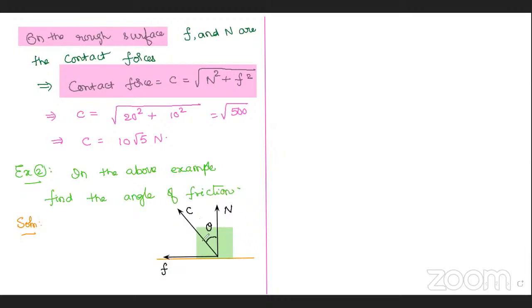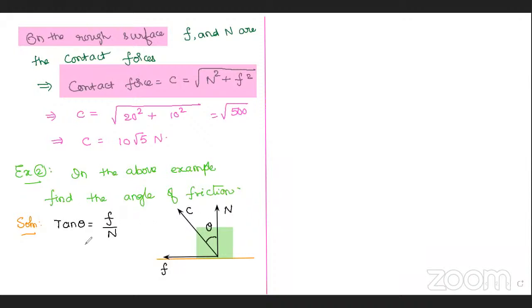That angle, shall I get like tan? Yeah, good. Tan theta is equal to F, the opposite side, by N, the adjacent side.